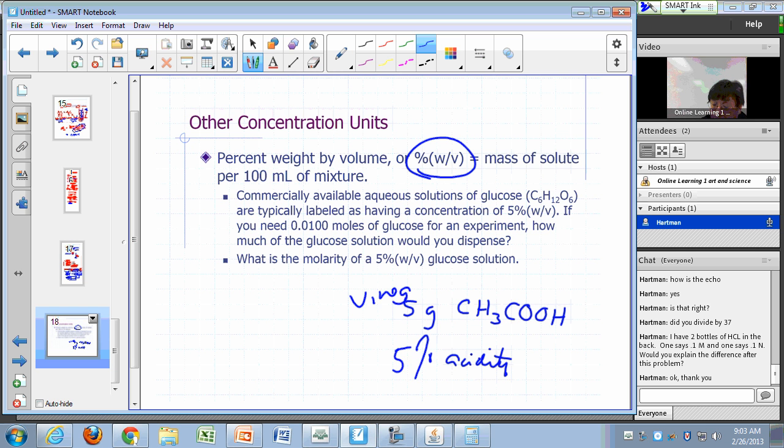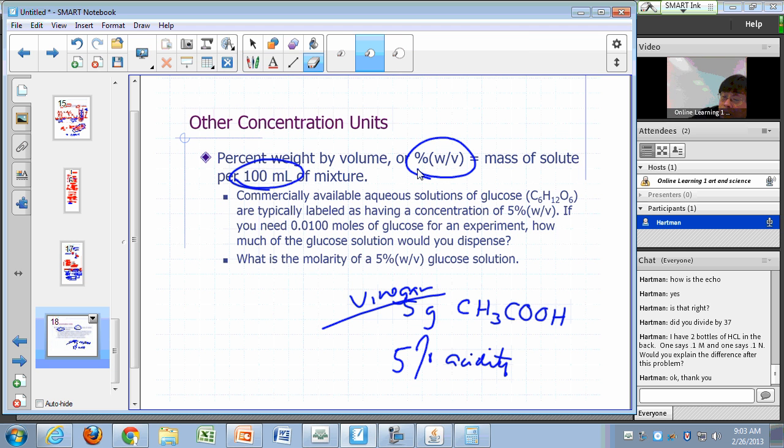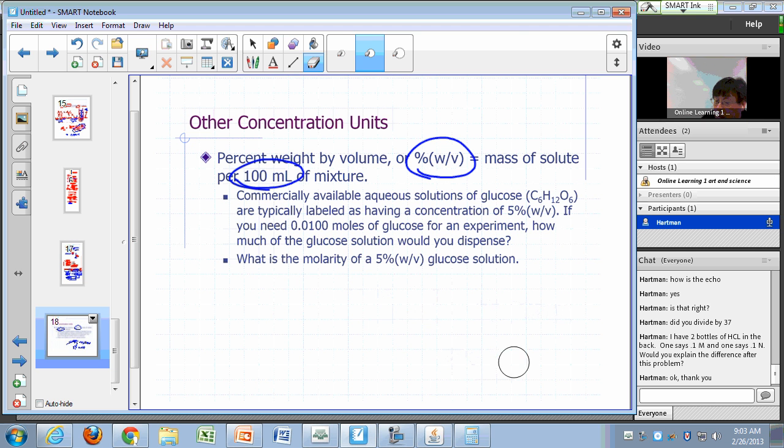So vinegar is typically 5% acidity. It's 5 grams of acetic acid in 100 mils of the mixture. Commercially available solutions of glucose that's typically used in hospitals is 5% weight by volume.